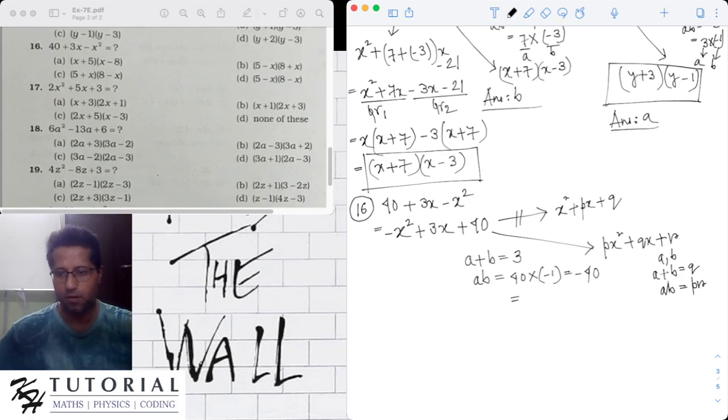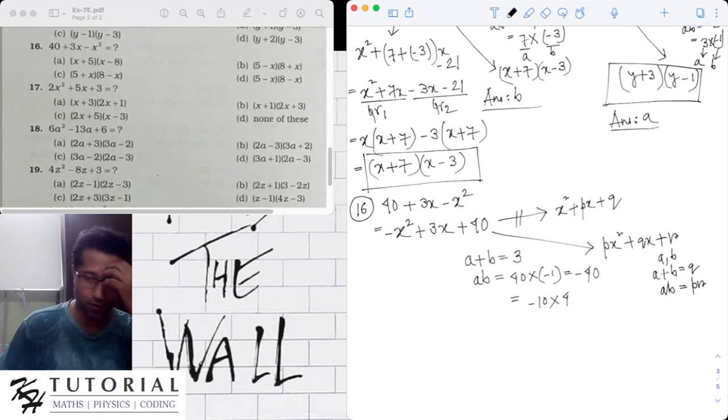Now the factors of 40 can be minus 10 into 4. Now minus 10 into 4 will not help because minus 10 plus 4 is not 3. How can we create factors? Let's keep the minus in the very beginning.